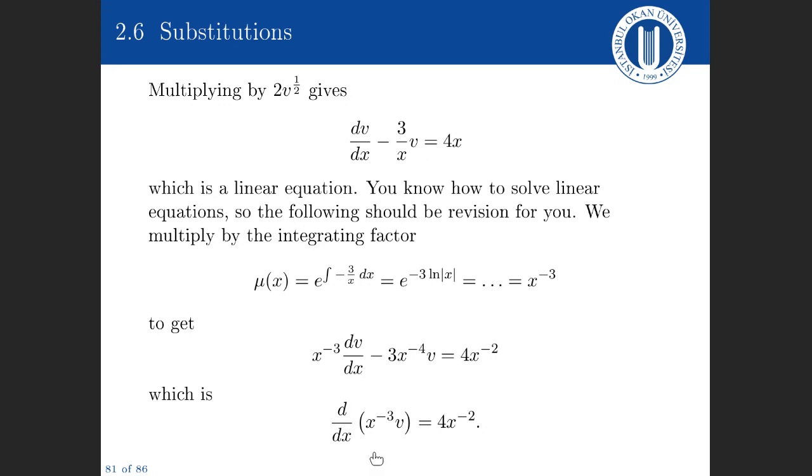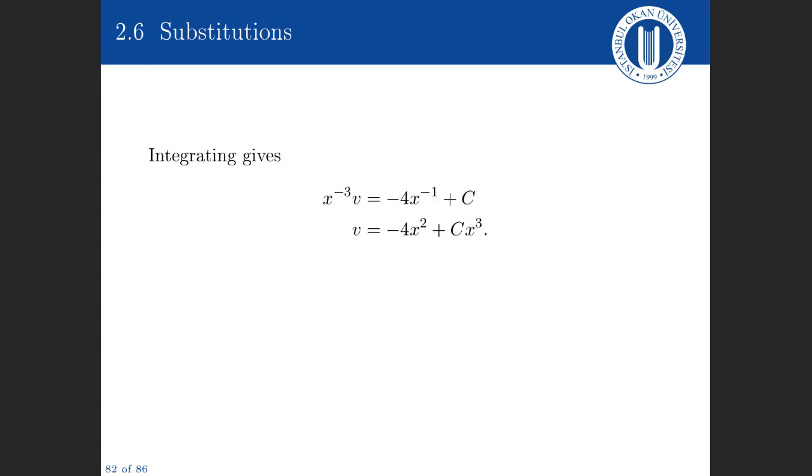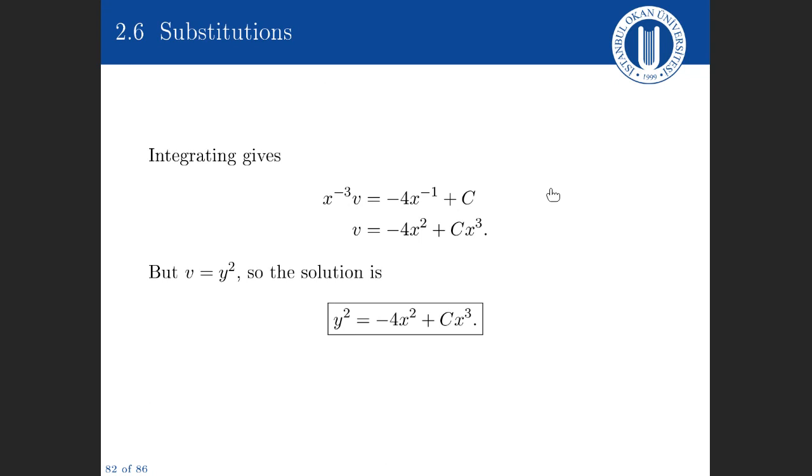Use the product rule on the left side: d/dx of x to the power minus 3 v is 4x to the power minus 2. Integrate it, we get a formula for v. And then the final step is to do the substitution again. We're using the substitution v is equal to y squared. So the solution to this differential equation can be written as y squared is equal to minus 4x squared plus a constant times x cubed.